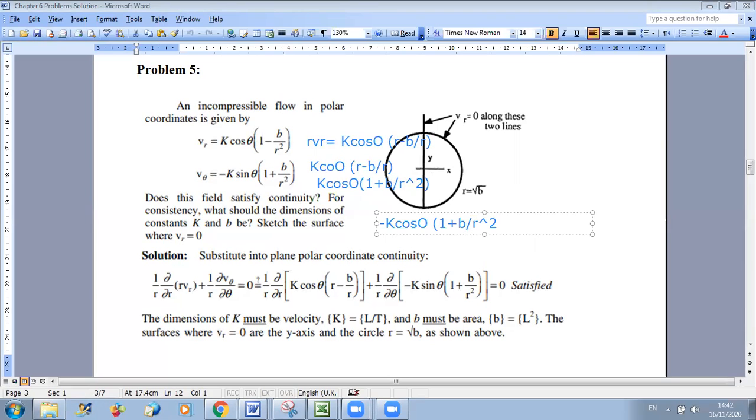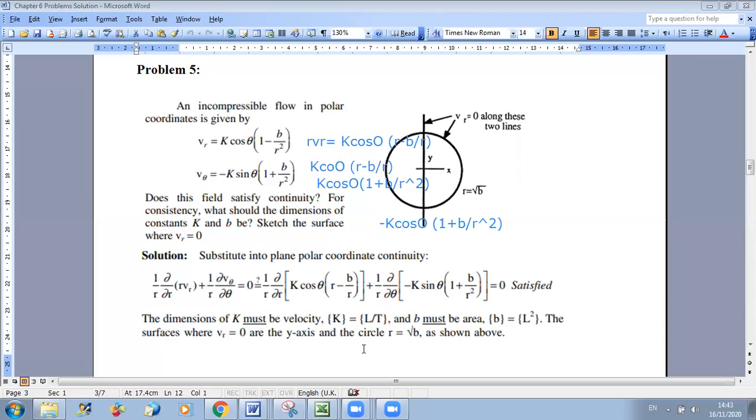I treat R as a constant when I derive with respect to theta. As you can see, these two terms will cancel out. Here I have 1 over R times K cosine theta times 1 plus B over R squared, and from the other side, I have minus 1 over R K cosine theta times 1 plus B over R squared. So the two terms will cancel each other.